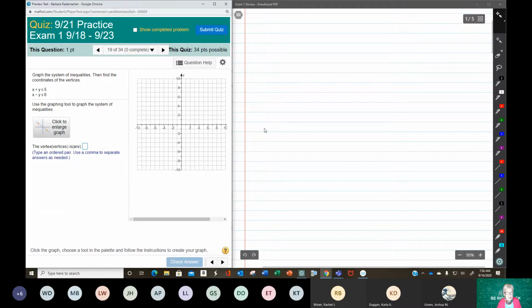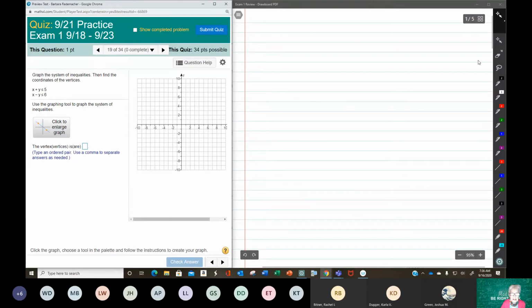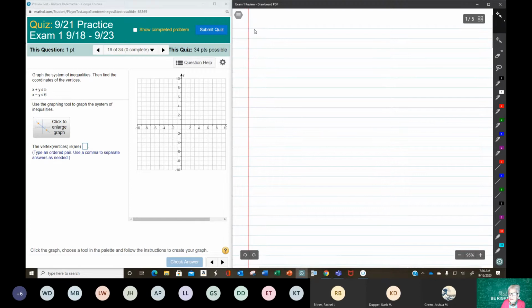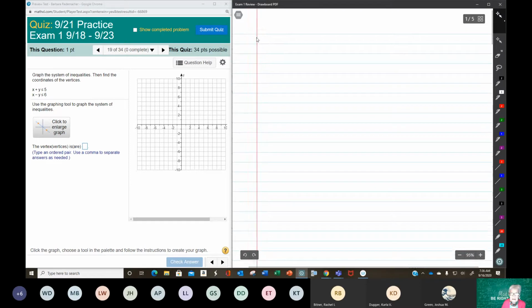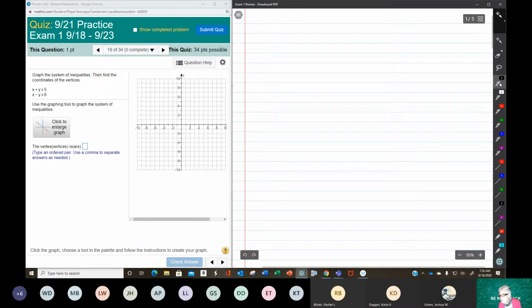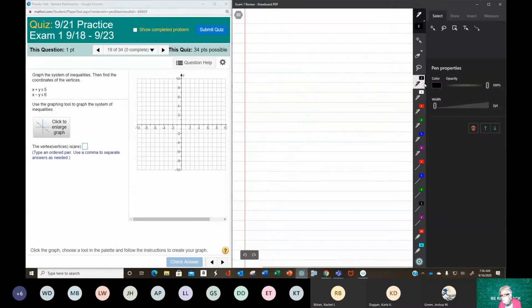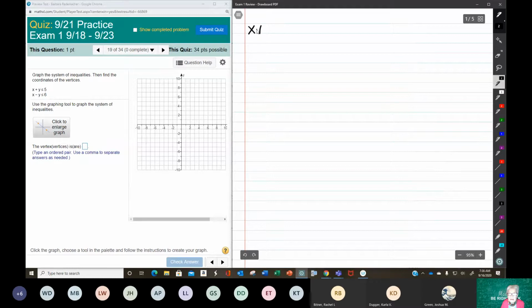All you're going to do is solve a little system, okay? Notice that here, well, you might not be able to see it, so I'm going to write it large up here. What this problem does is it gives you these two inequalities.